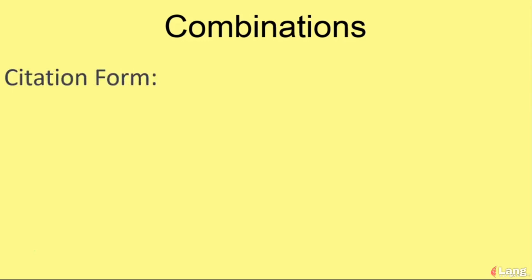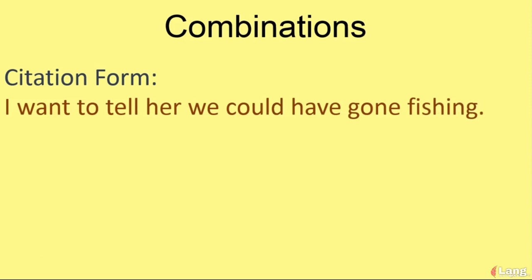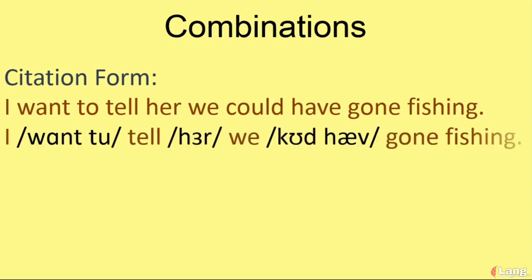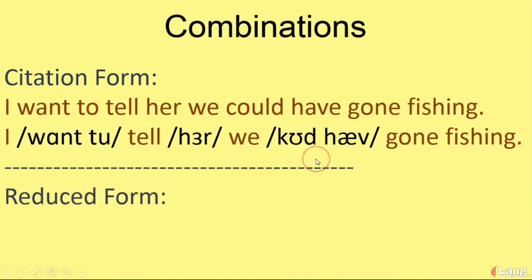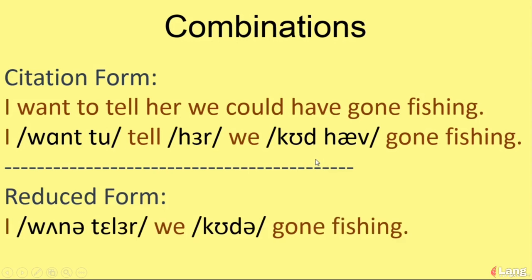Okay, let's look at this sentence. I want to tell her we could have gone fishing. There are three sets of words here that we can reduce. Want to, her, and could have. And when we reduce all of these in this sentence, it sounds like, I want to tell her we could have gone fishing.